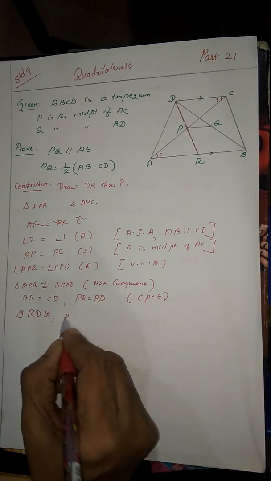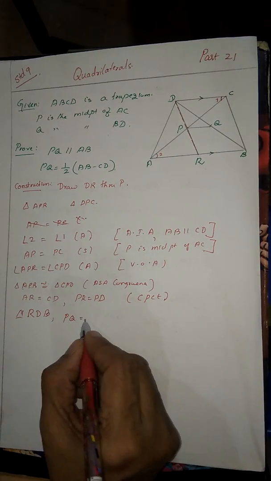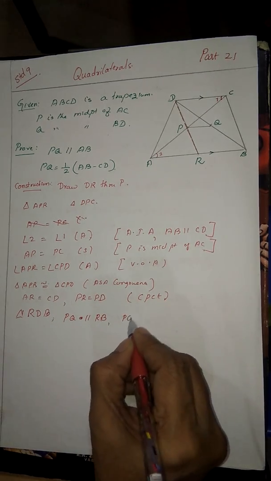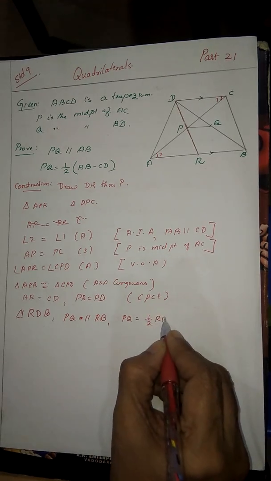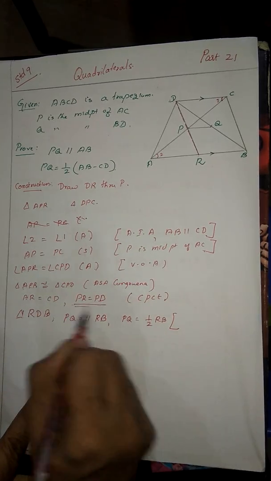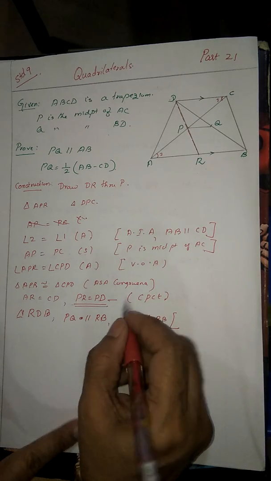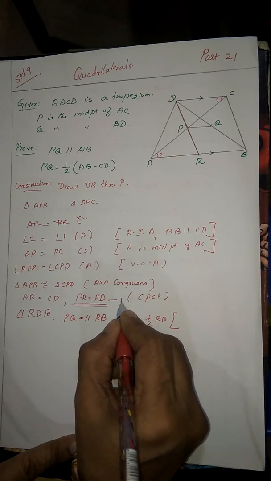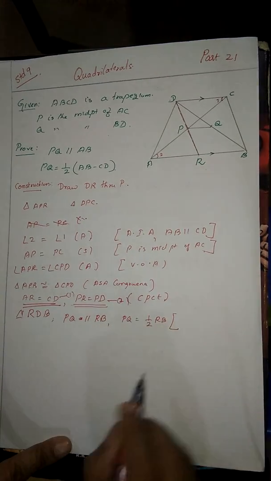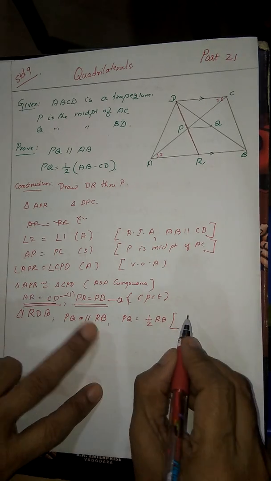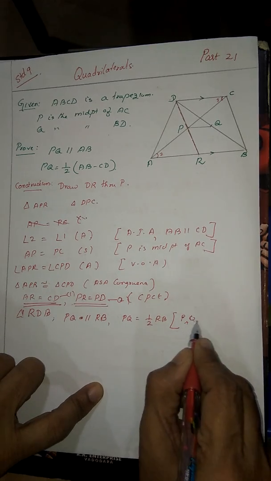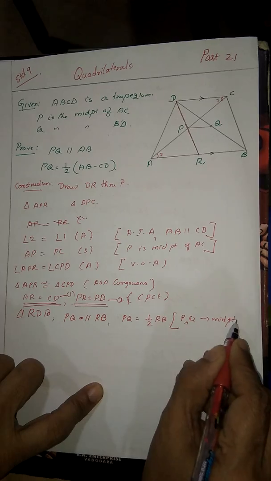We can say PQ is parallel to RB and PQ is equal to half of RB. The reason is we have PR equal to PD, and P and Q are midpoints.